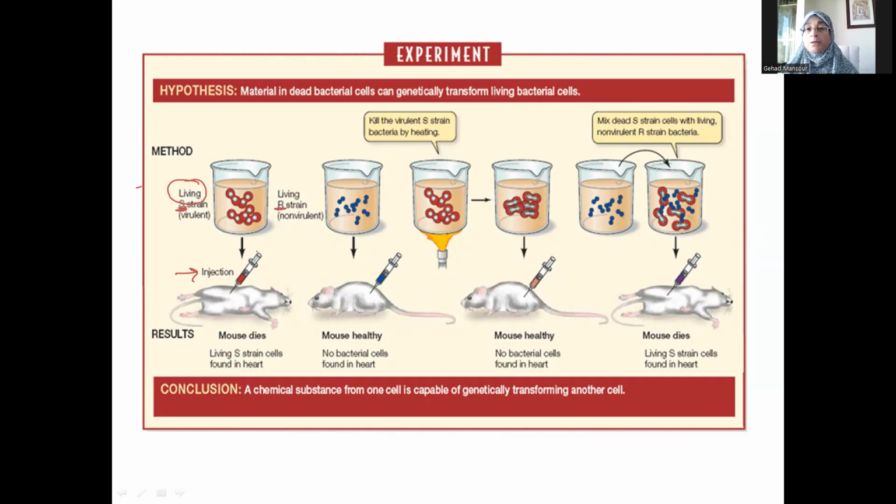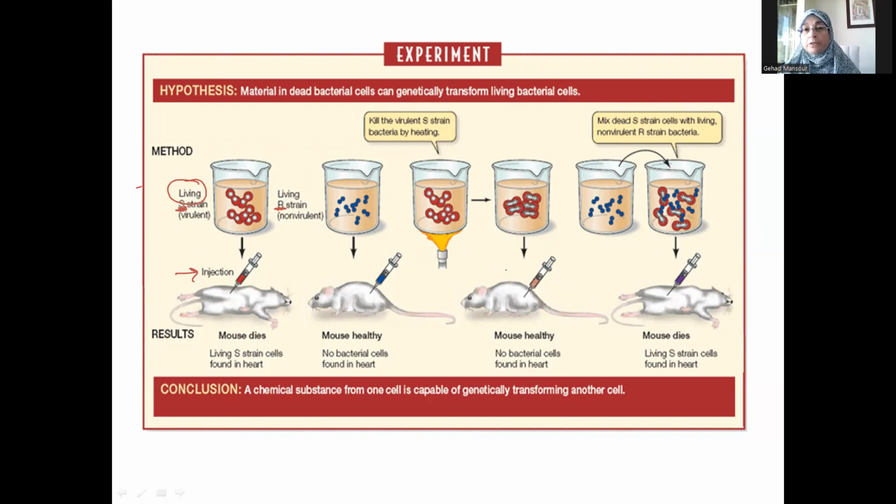And that strain is non-virulent, as you see, the blue one. And when we inject it into the mouse, the mouse does not die. They say in the diagram that the mouse is healthy. Actually, the mouse is not healthy. The mouse acquires a mild disease, okay?